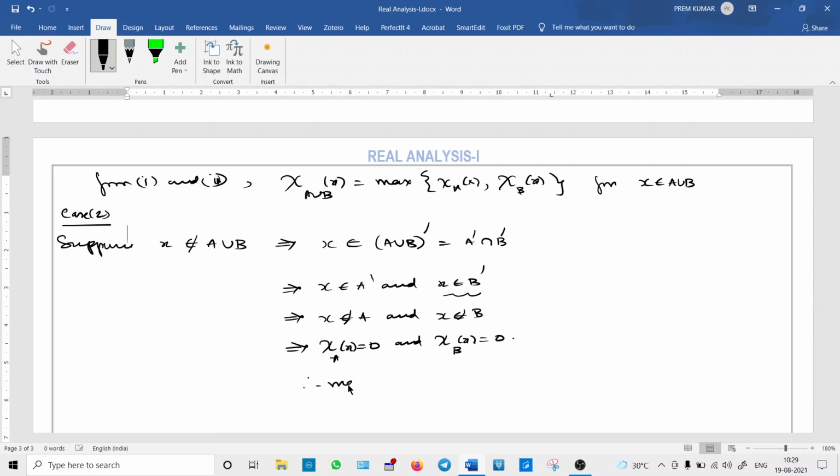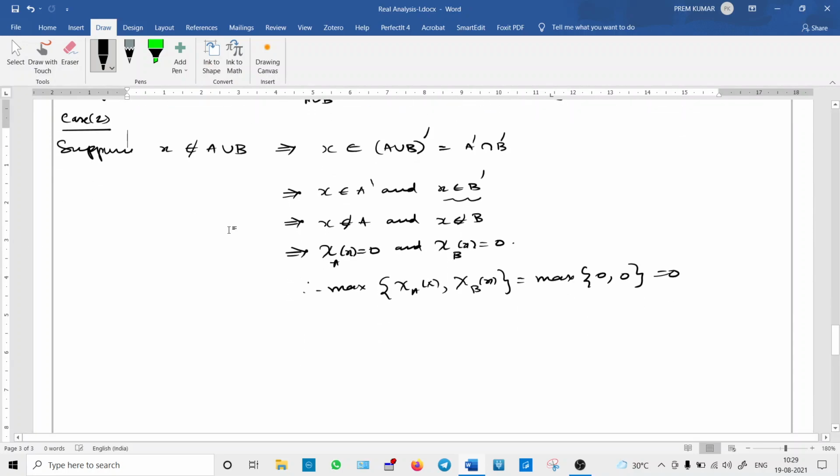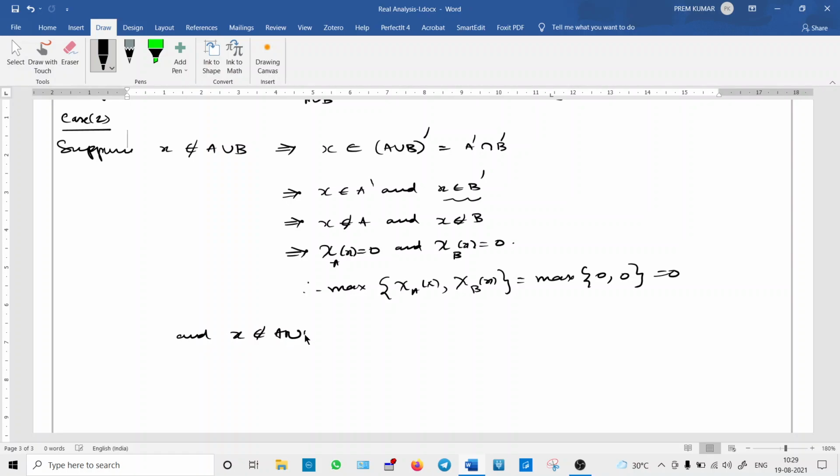Therefore the maximum of chi A of x comma chi B of x for this case is the maximum of 0 comma 0, which equals 0, and x does not belong to A union B implies chi A union B of x equals 0. Suppose this is the first result and this is the second.